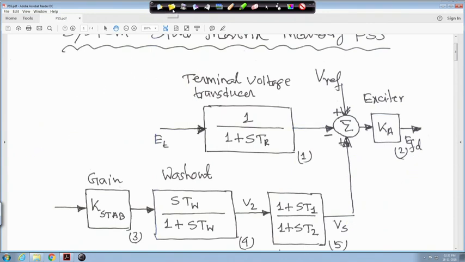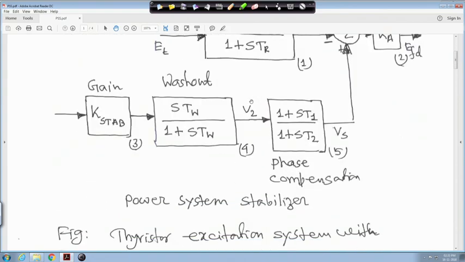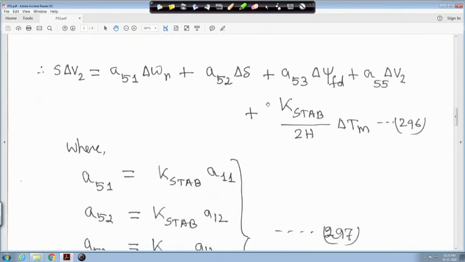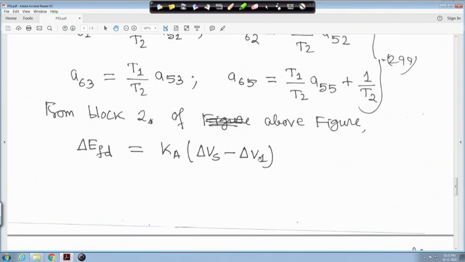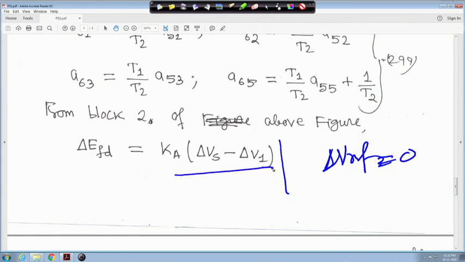But if delta V reference is equal to 0, then it will be simply delta Vs minus delta V1. So, delta V reference we have considered as 0, and we have considered only delta Tm, right. So, this is delta EFD is equal to this equation.